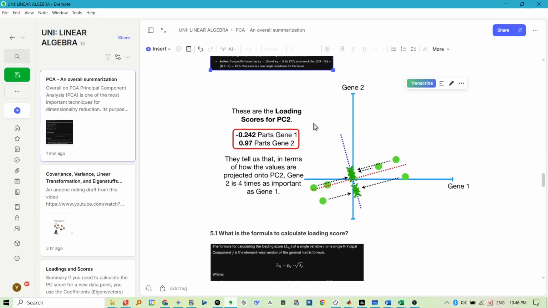So the loading scores, how we would describe the linear combination on a plot.